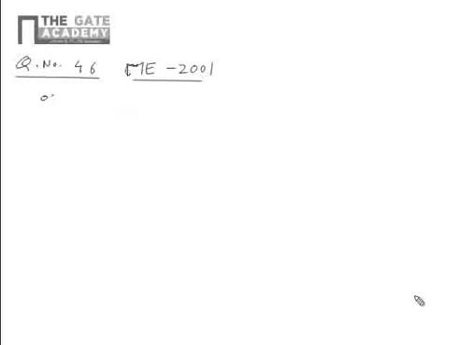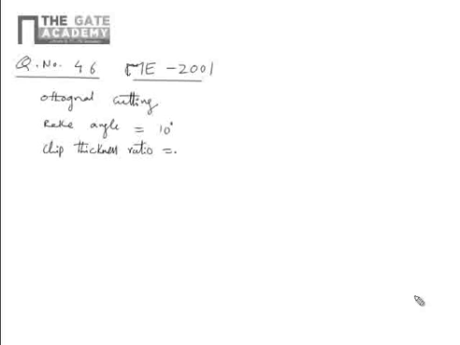During orthogonal cutting of mild steel, rake angle 10 degrees, chip thickness ratio equal to 0.4, shear angle phi equal to dash.